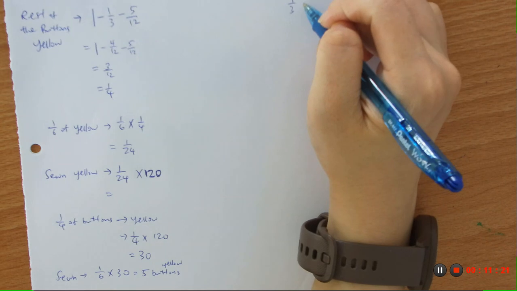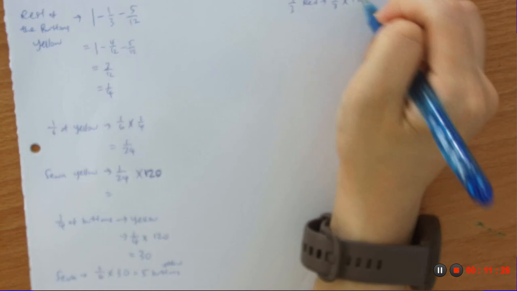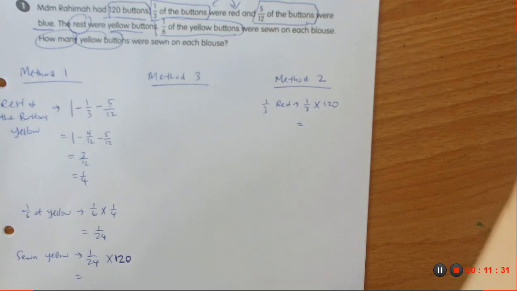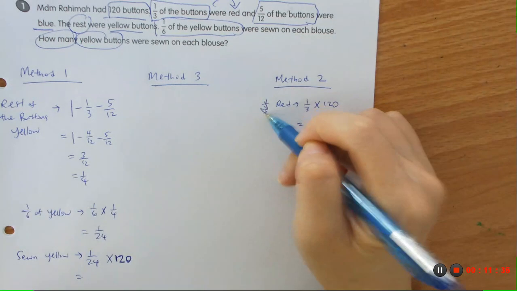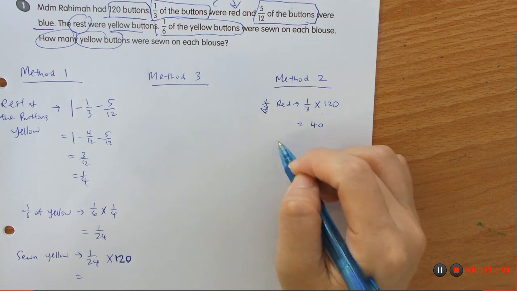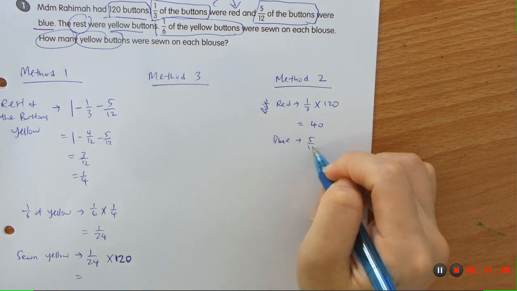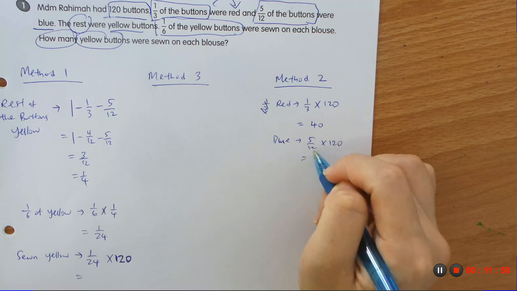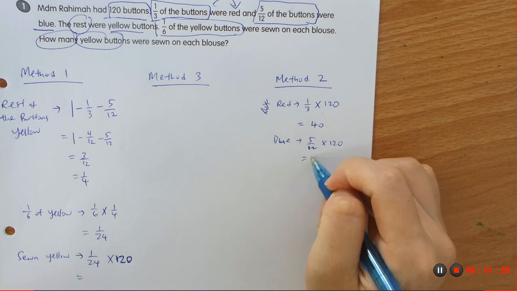Method 2. 1/3 red, so it's 1/3 times 120. Okay, method 2. 1/3 is red, so it's 40 buttons. Then blue is 5/12 times 120. So it's 50.